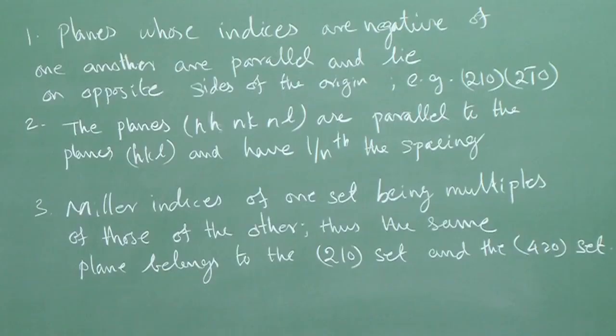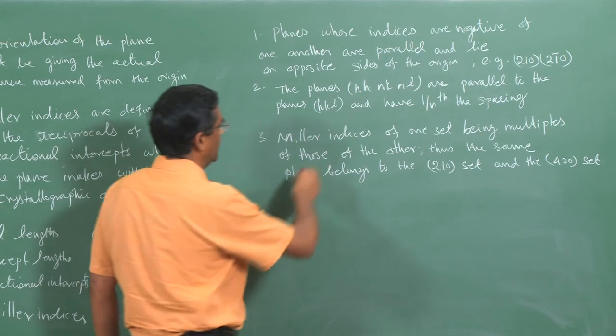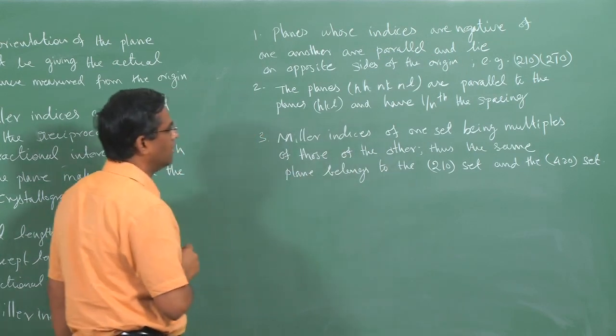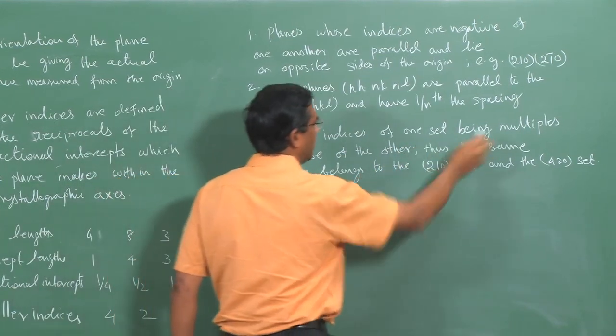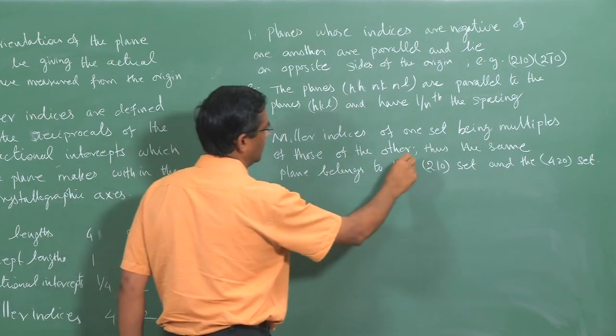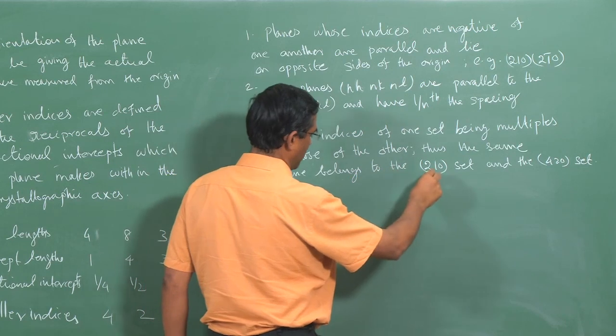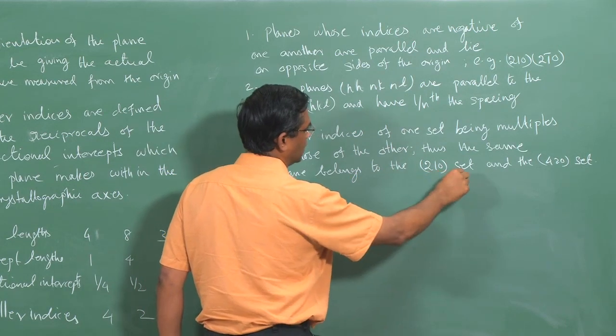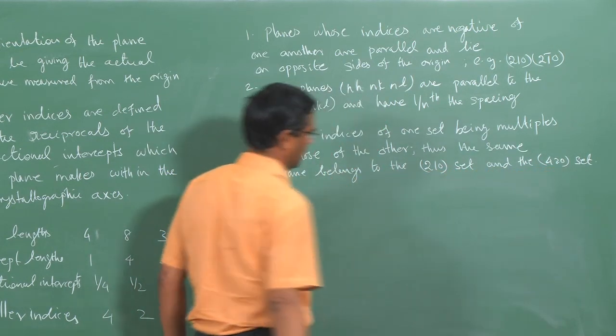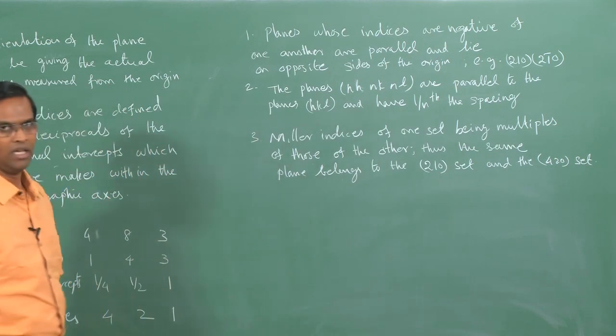So you can have some rough idea about how dense the planes are. Miller indices of one set being multiples of those of the other, thus the same plane belongs to, for example, the 210 set and the 420 set. They are all parallel planes.